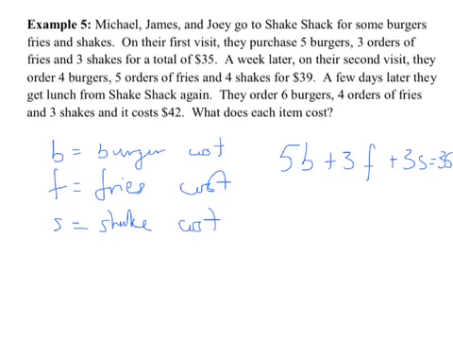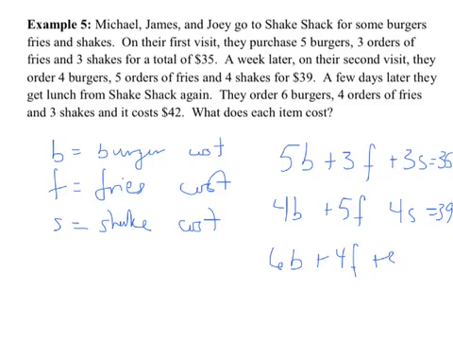On the second visit, they get 4 burgers, 5 fries, and 4 shakes for a total of $39. And on the third visit, they get 6 burgers, 4 fries, 3 shakes for a total of $42.